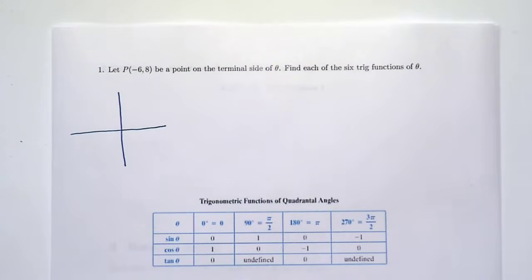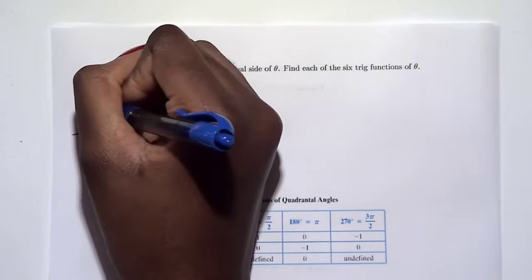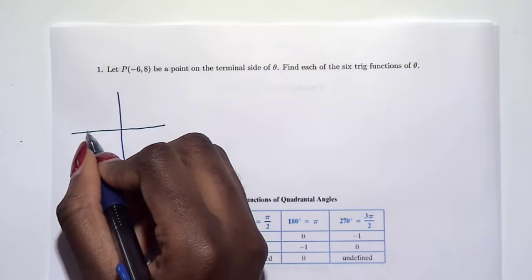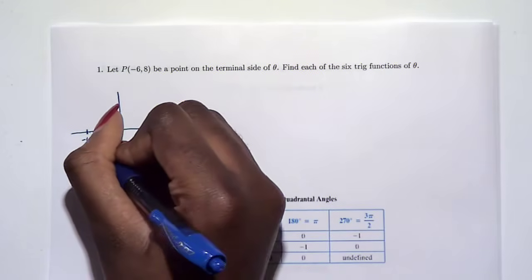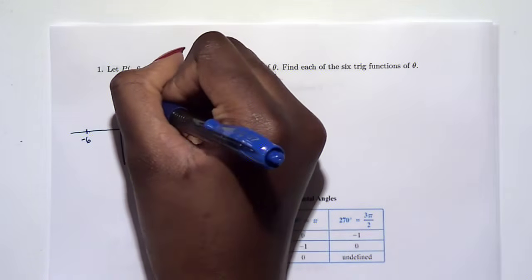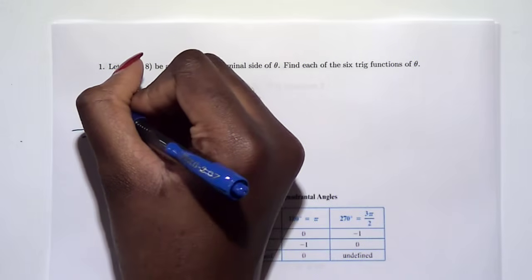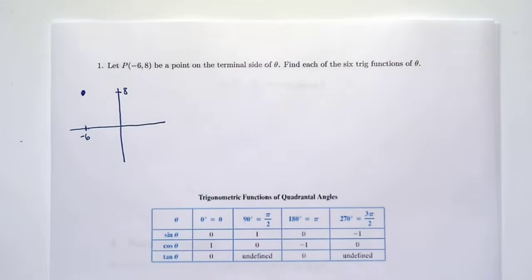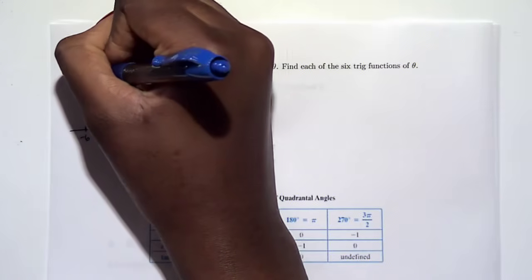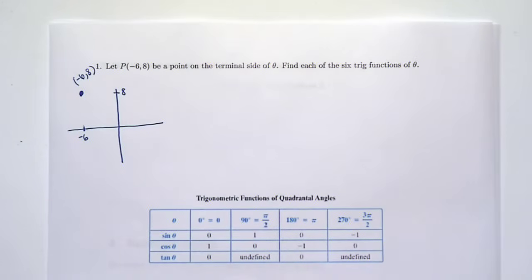Where would the point (-6, 8) be located? Somewhere over here. So let's say this is our -6, and this is our 8. So the point (-6, 8) is located right here. This is a point on the terminal side of our angle.